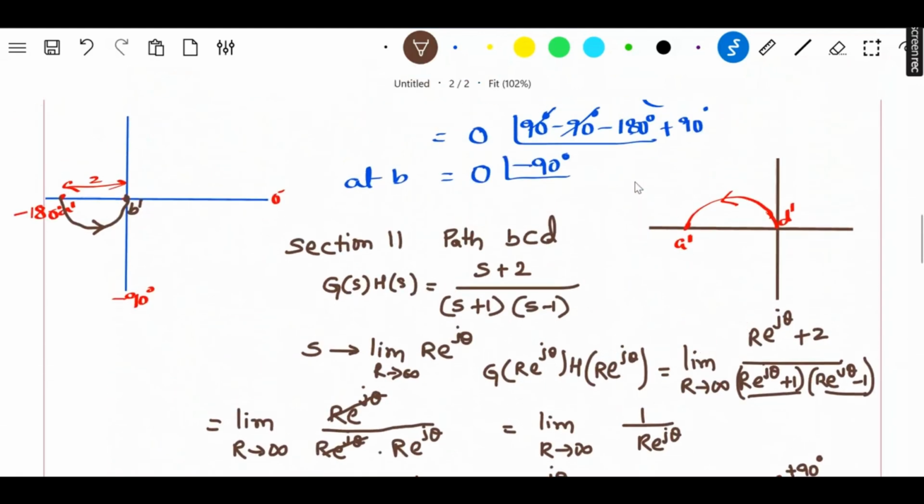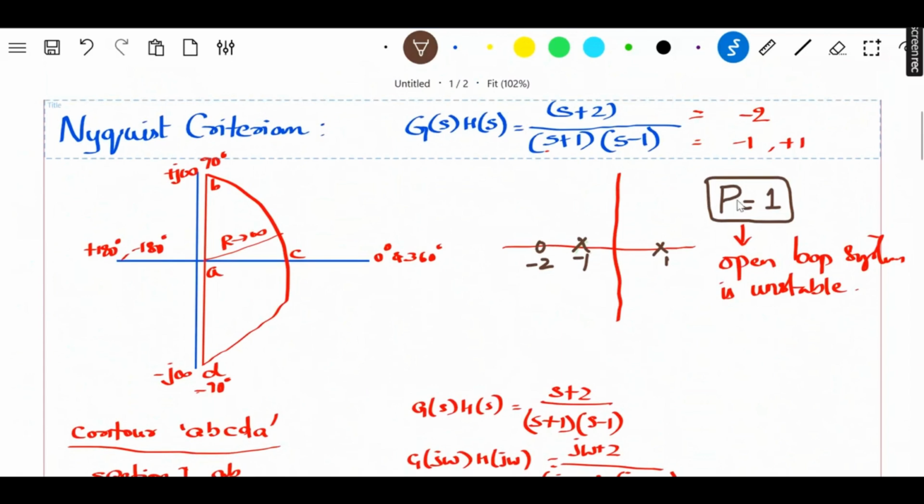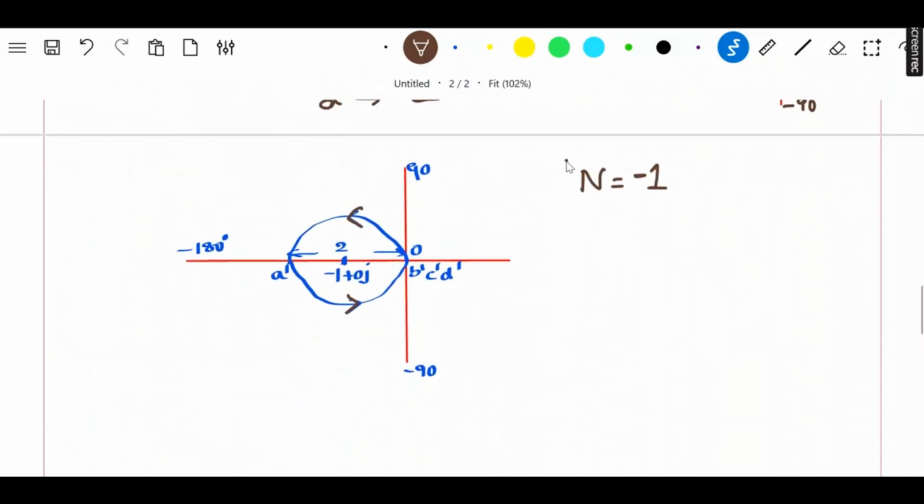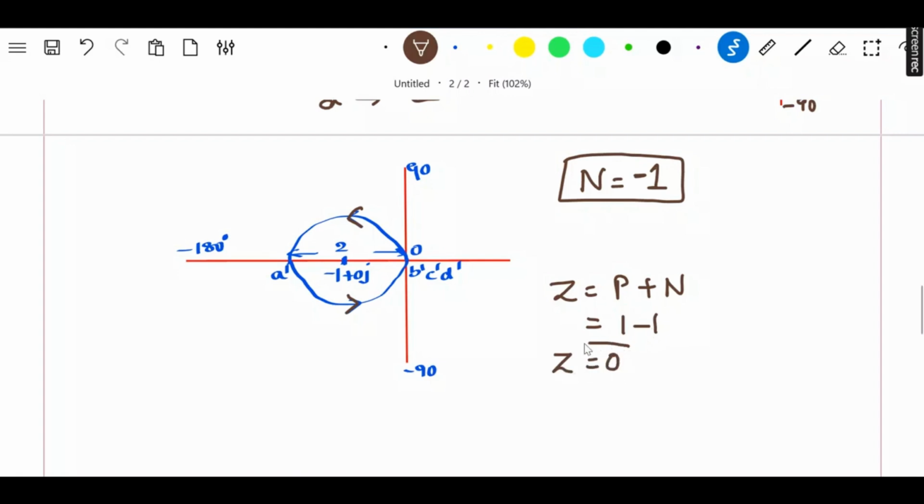Now, initially P that we calculated was 1 and N is minus 1. Therefore, Z equals P plus N, where P was 1, N is minus 1, so Z is equal to 0. You should be able to understand this.